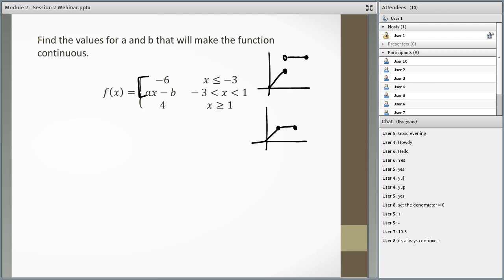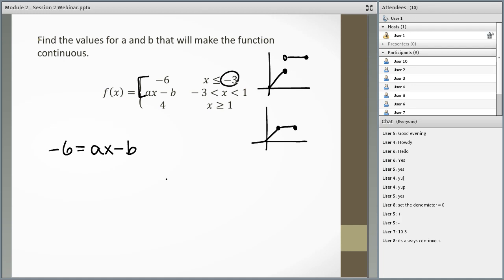Well, what I could do is set them equal to each other, because that would mean they would have to be the same value, which means that they can't have a break. So I would have -6 equals ax minus b. What x value would these two parts of the piecewise function come together?